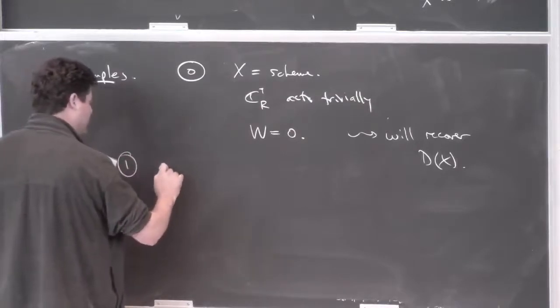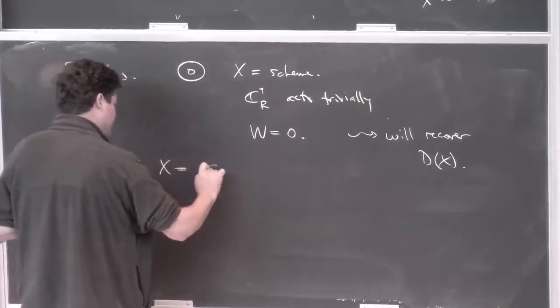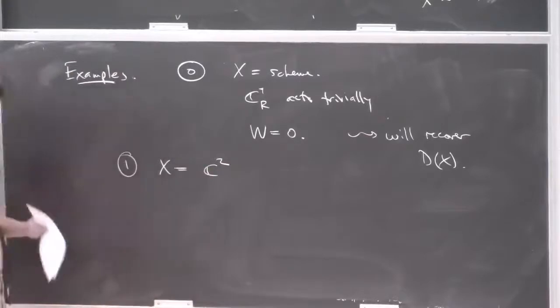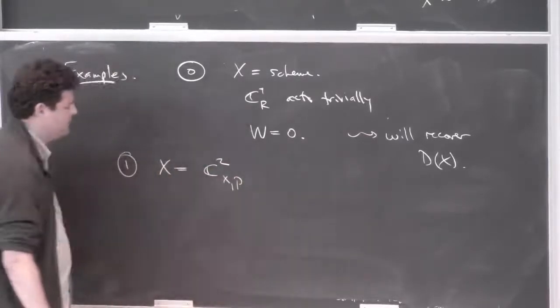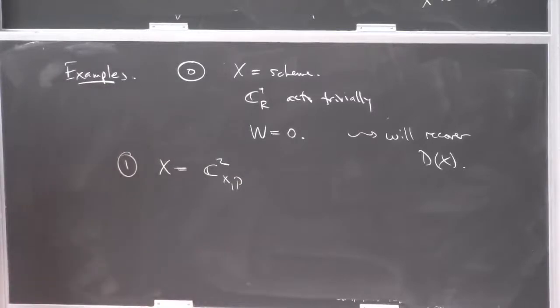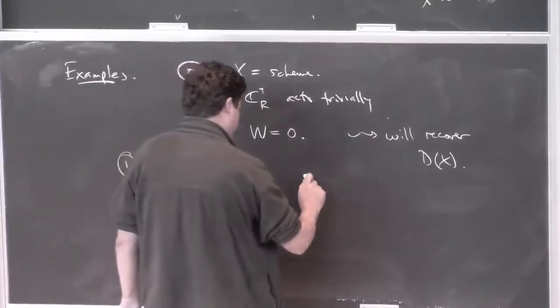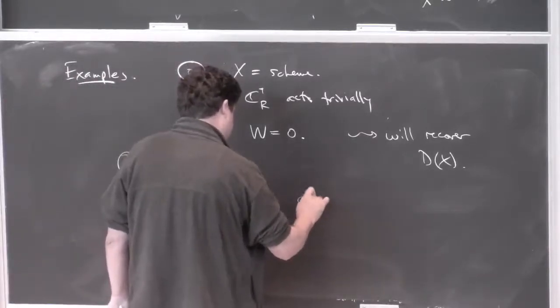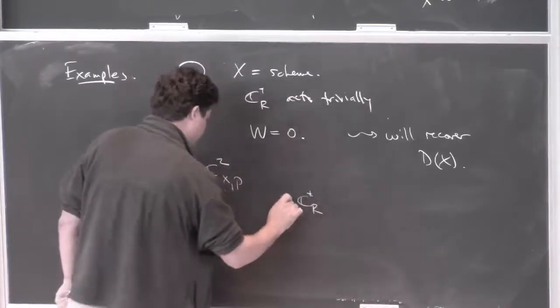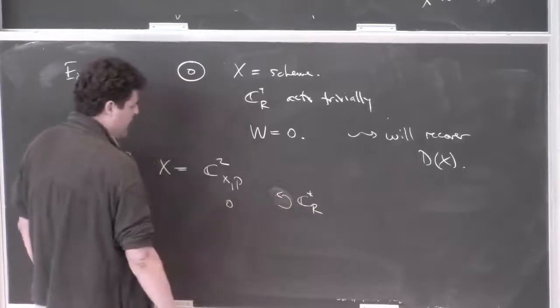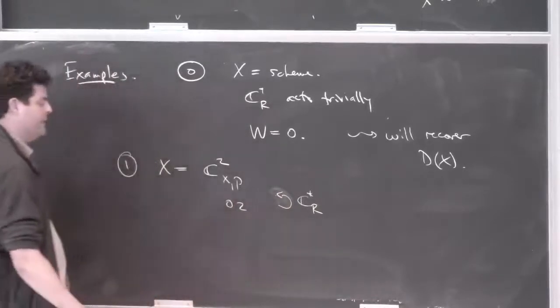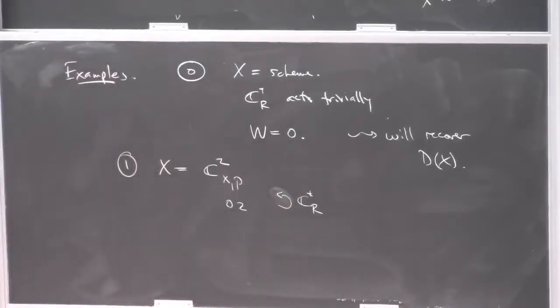One, I could take X to be C^2 with coordinates X and P, and this R charge is going to act with weight 0 on X and weight 2 on P. So there's a little asymmetry there.